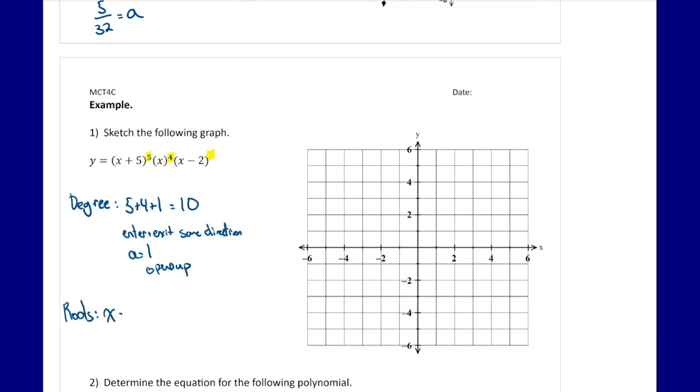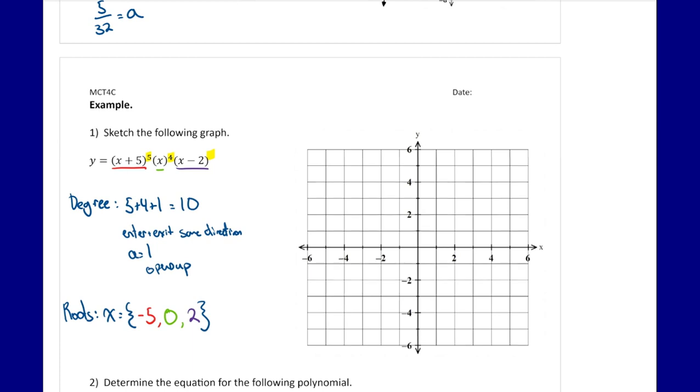So if I look at the first one, x plus 5, x equals minus 5. So the first solution. The next one is just x, or 0. Because what I'm doing to figure out these solutions, I'm setting each factor equal to 0. And then lastly, x minus 2, or plus 2, would be the other solution. So those are our 3 roots.